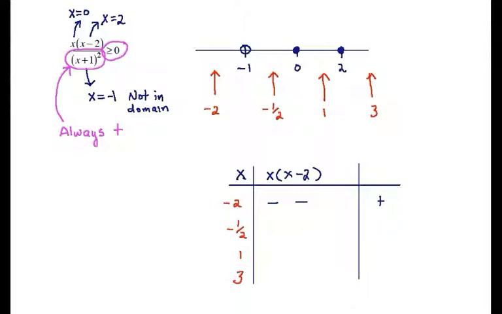At x equals -1/2, both of these are negative again. I still have a positive product. At x equals 1, we have positive times negative, which is overall negative. And at x equals 3, both factors are positive, which means the overall sign is positive. So my sign pattern goes plus, plus, minus, plus.